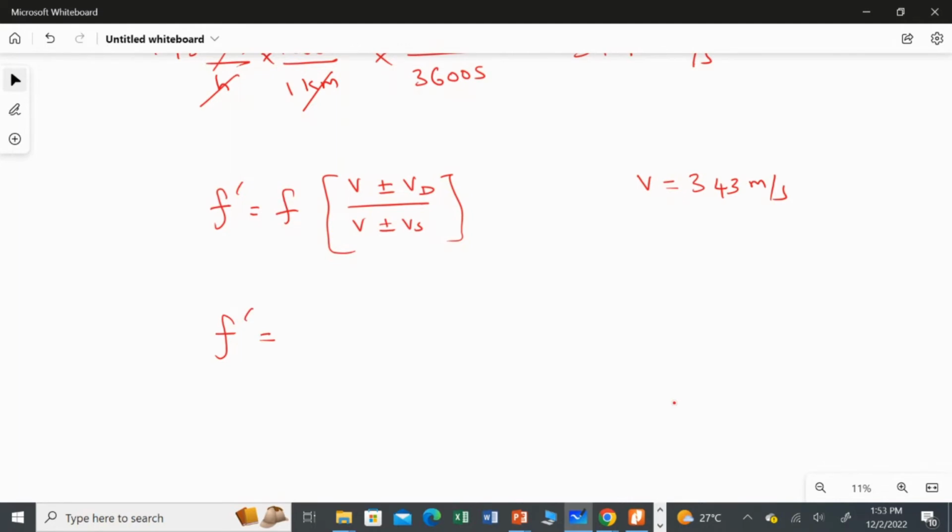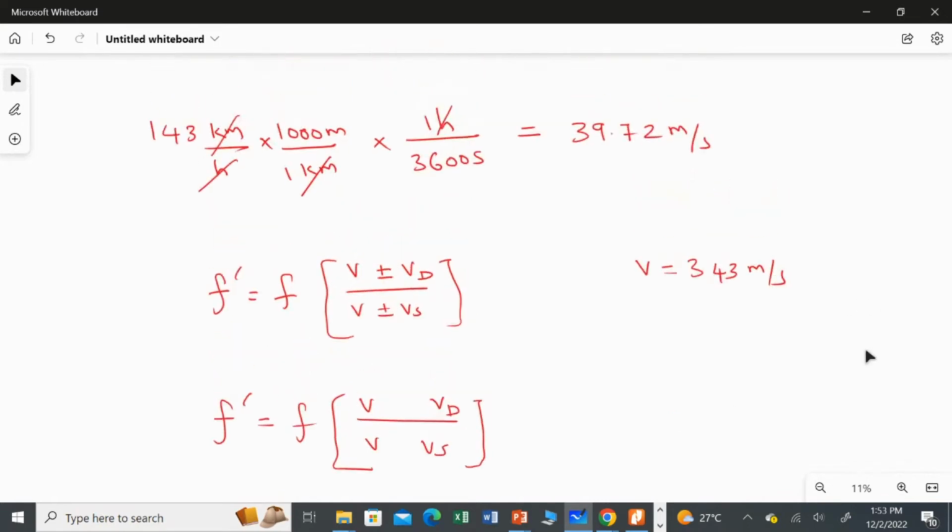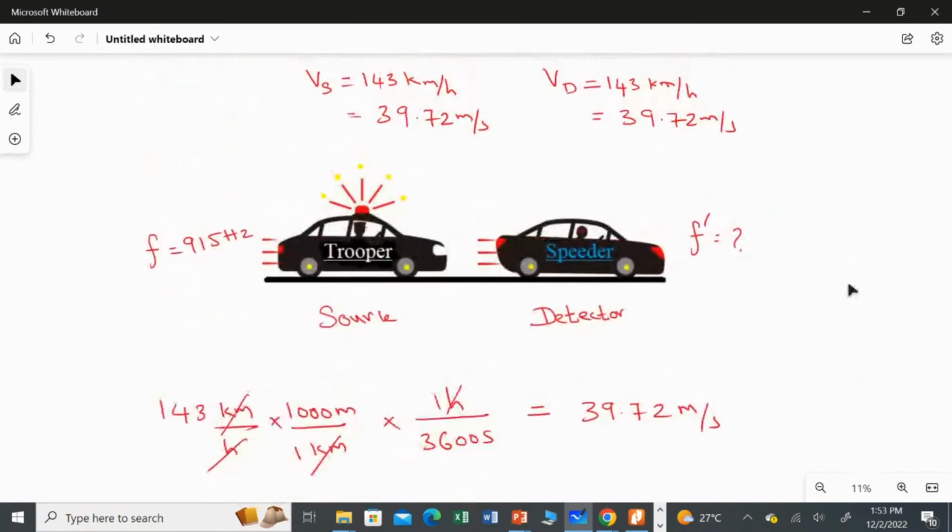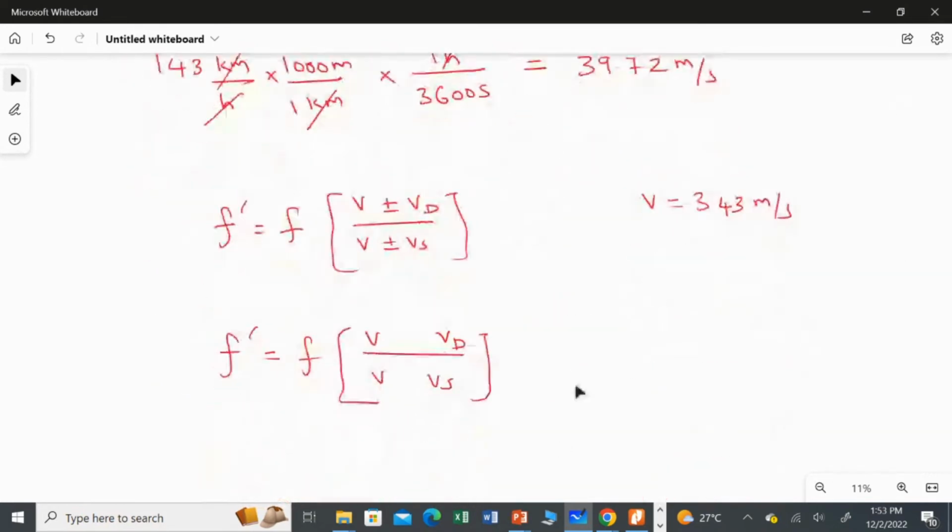So f dash equals f multiplied with v, vd over v, vs, right? Okay, now I'm going to the figure. Let's see what is the sign in the top as well as the bottom. Let's start with the denominator. What sign will come here? v, vs, am I right? So we are going to write what sign will exactly come in the bottom.